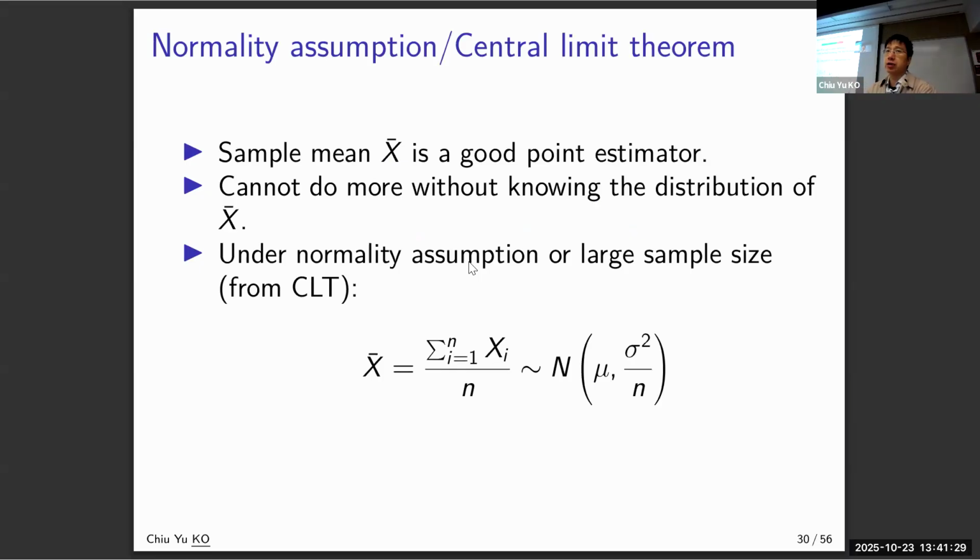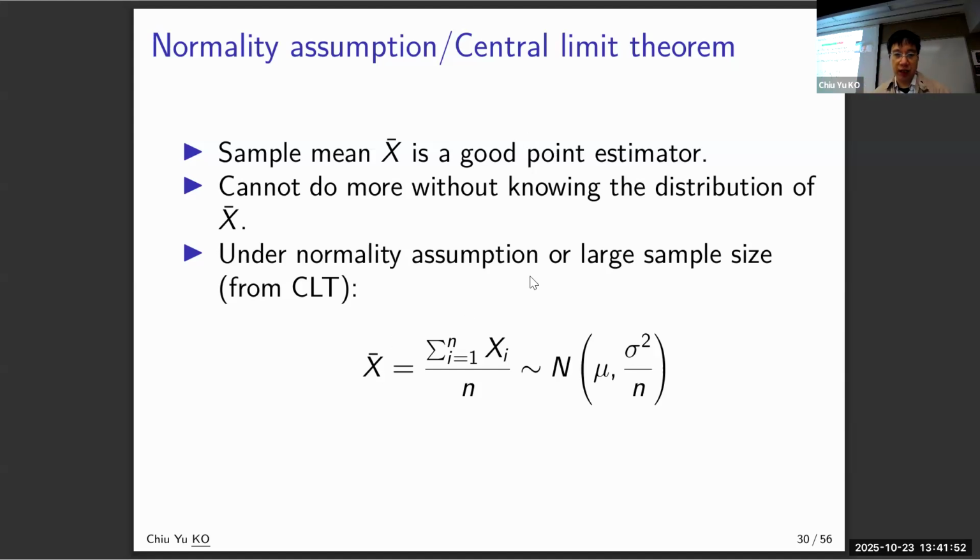And the sample mean is going to follow a normal distribution, from the central limit theorem, or if you assume normality, if the underlying is a bell, you draw a sample mean, it's also a bell, right? So that is the bell assumption going on in this background, okay?